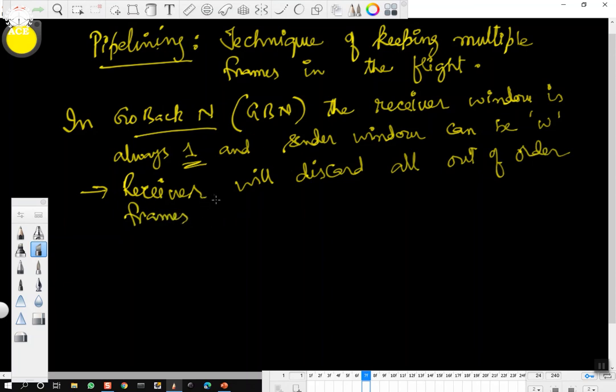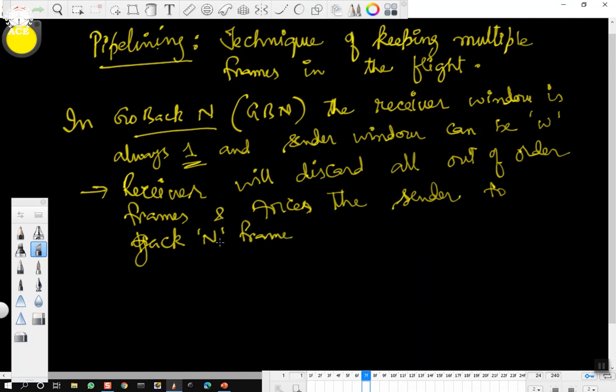So if it is expecting 0, it can accept only 0, it cannot accept anything else, and therefore it forces the sender to retransmit, forces the sender to go back N frames, to the frame which is in error, for retransmission.